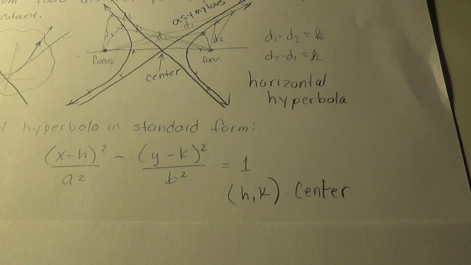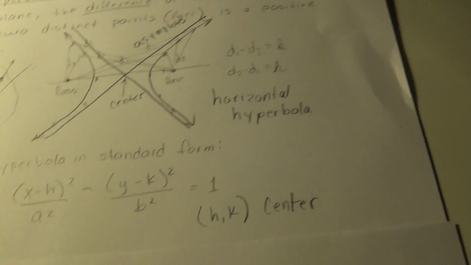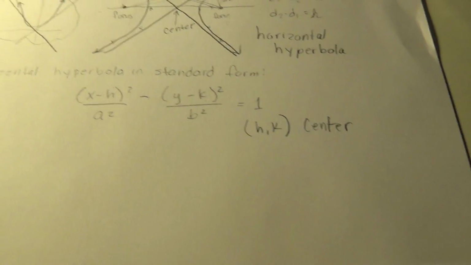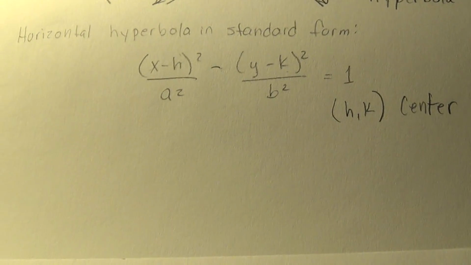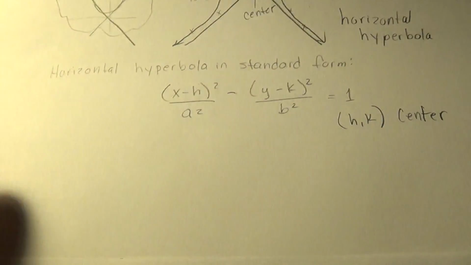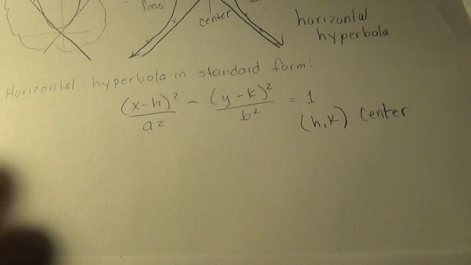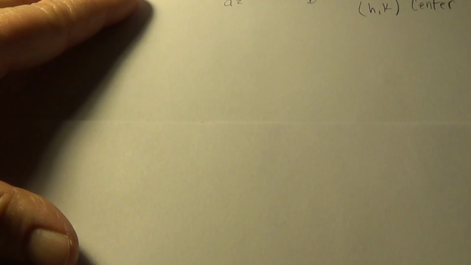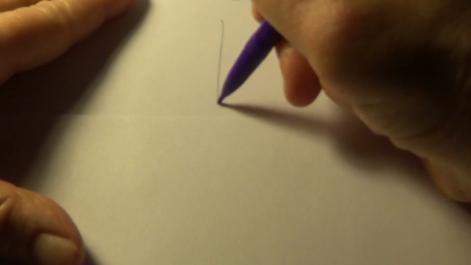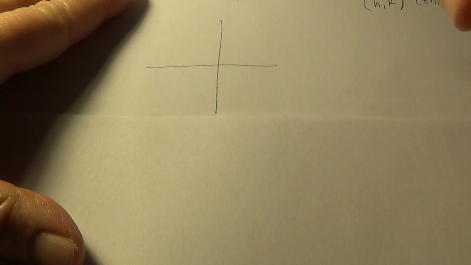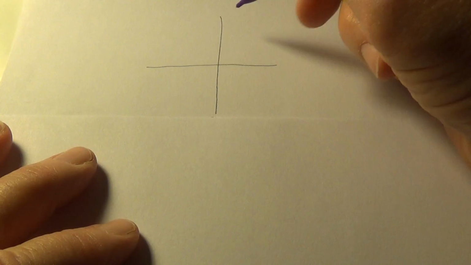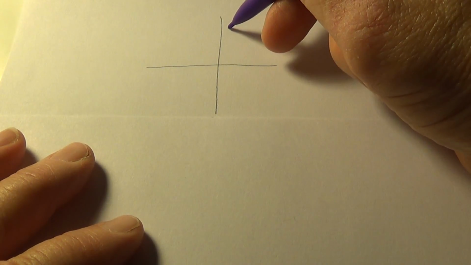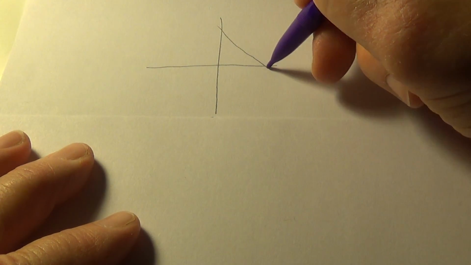Alright, so let's think of what it might look like if it is vertical. I won't develop the process like we did up here for the horizontal. I'll just give you an example of what I mean by vertical. So if we have a vertical hyperbola, it would have some fence posts like this.